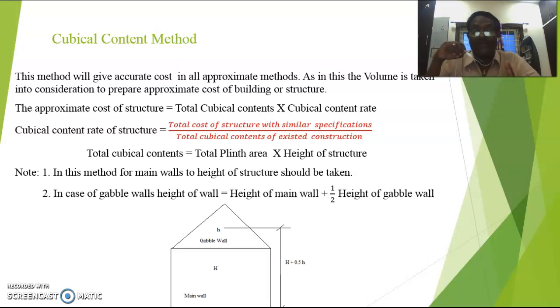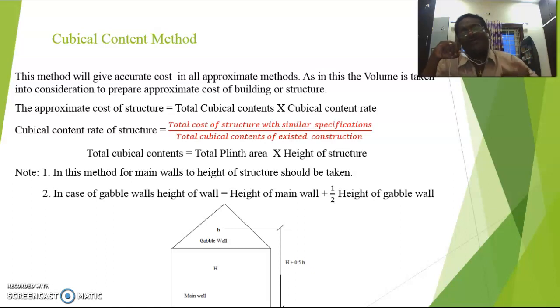But there is one very important limitation in this method, that is the height of the structure. Because in the first method you have taken only one service unit, and in the second method you have taken only the area. So while you are calculating the existing structure and the structure to be constructed, the heights of both the structures must be the same.